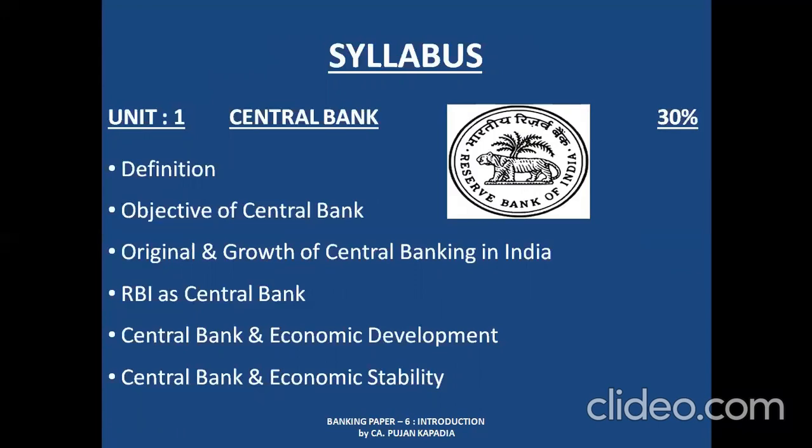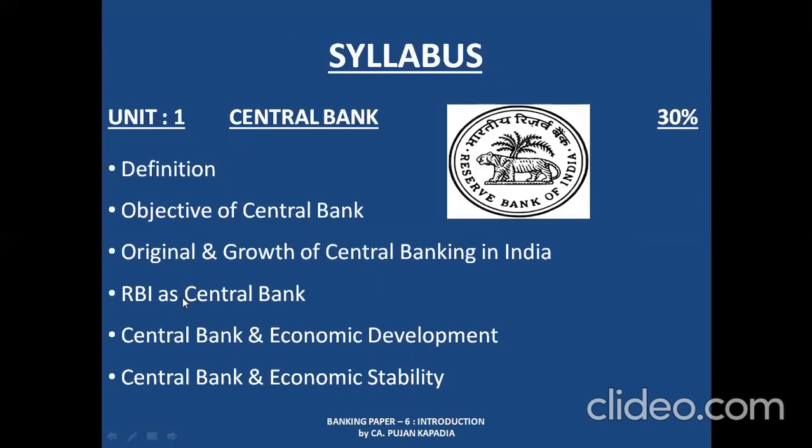Yes, you heard it right. Incorporated in 1935 and nationalized in the year 1949. In this topic, we are going to study from where the roots of RBI were planted and till date, how RBI has grown in all the sectors, in all the services it is providing to the nation.